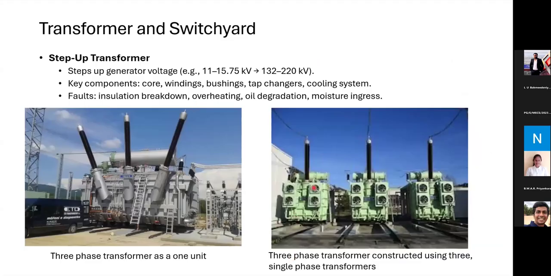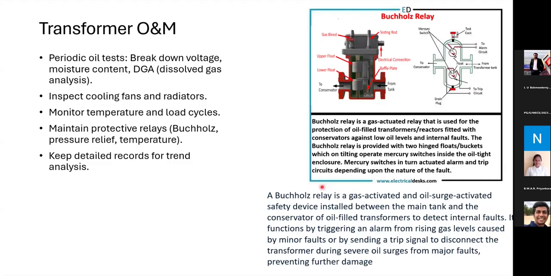These fans are mounted on top of the radiators, and you have to see whether there is debris and whether the fans are operational. Monitor temperature and load cycles, because that could give a good indication of the loading of the transformers, as well as how much the transformer has been used, and take the necessary predictive maintenance actions looking at this loading.